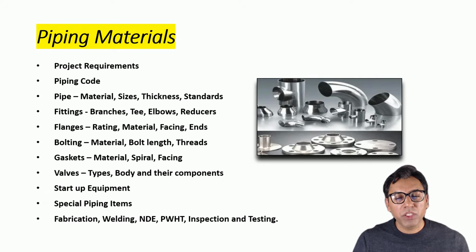We also need to mention design, fabrication, welding, heat treatment, examination, inspection, and testing standards. So basically we need to provide enough details of all these items as a minimum for any project's material requirements.